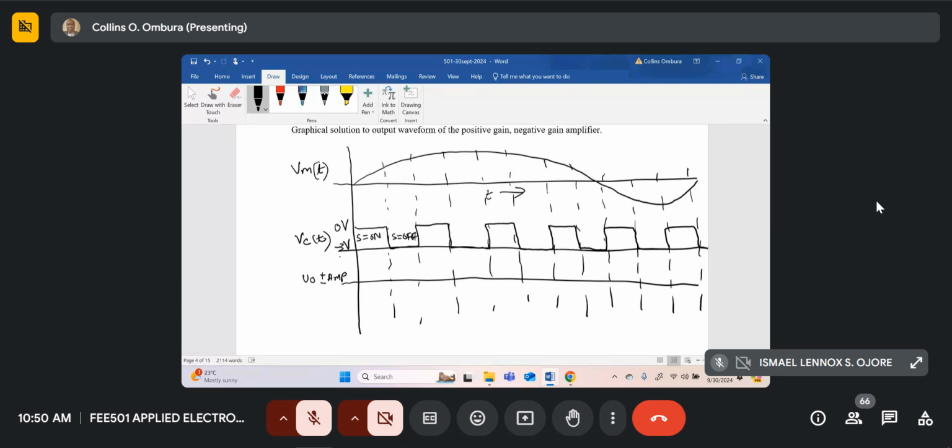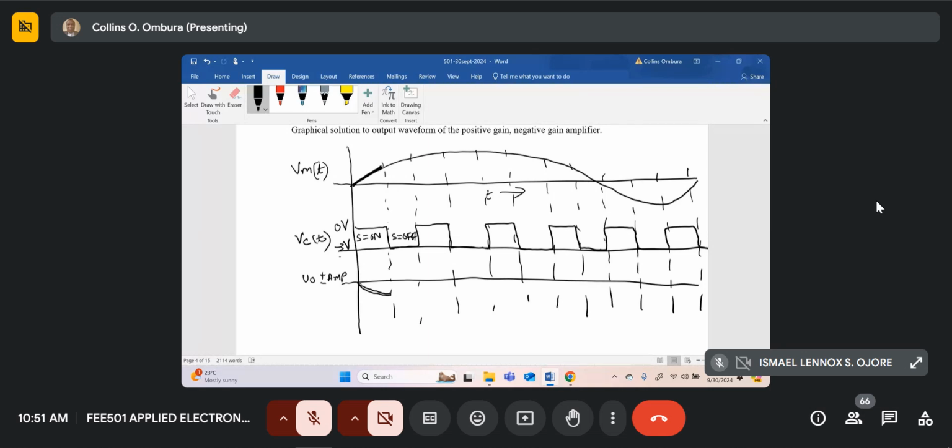Okay, so for the first interval, when S is on, what did we say? You multiply input by -1. So this first section over here of our input curve, you multiply it by -1. So you'll get a curve like this.